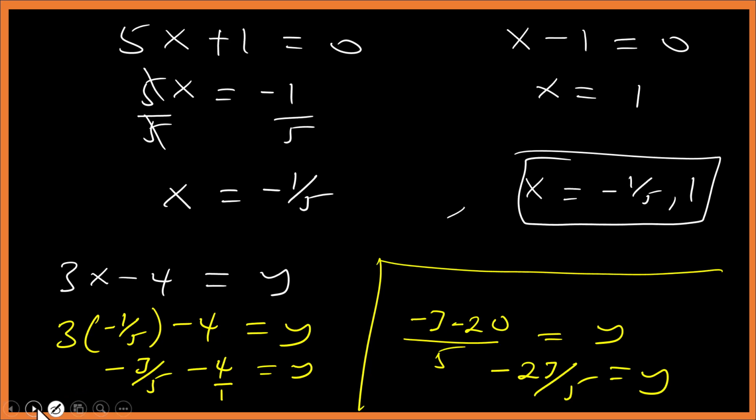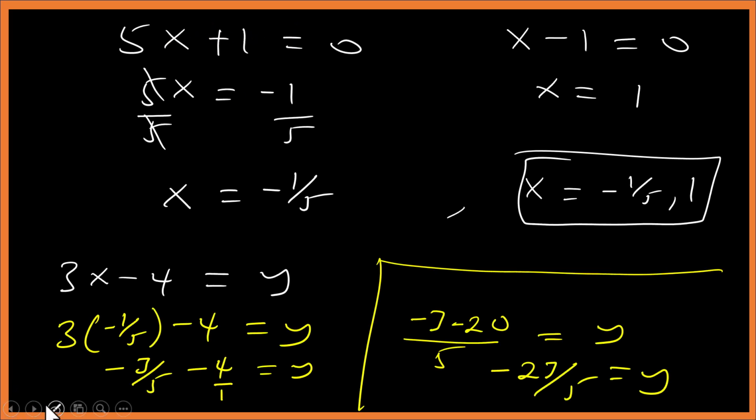Now let's look at the last one, when x equals 1. So that will be 3x minus 4 equals y.